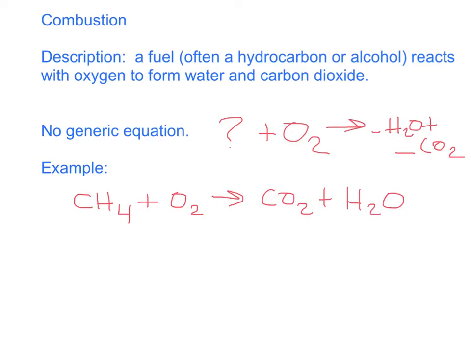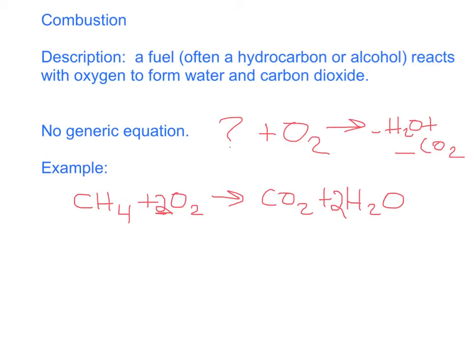For a simple one, we would always do the carbon, then the hydrogen, and the last number you want to fill in is the oxygen. Right now we need two H2Os because we have 4 hydrogens, which is going to cause us to need 2 O2s, and that will balance this equation. So we don't need anything on the carbon dioxide or the methane, so that's balanced.